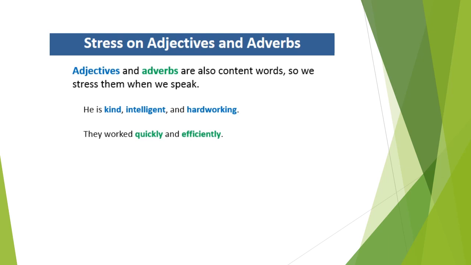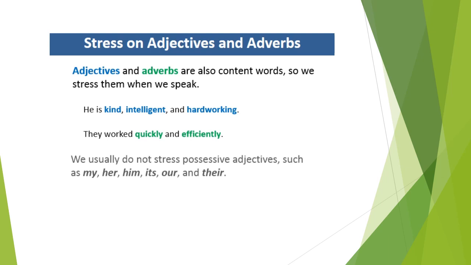Conjunctions are usually function words, so we usually do not stress them. Although we stress adjectives, we usually do not stress possessive adjectives, such as my, her, him, its, our, and their. Blue is her favorite color. That's not their best work.